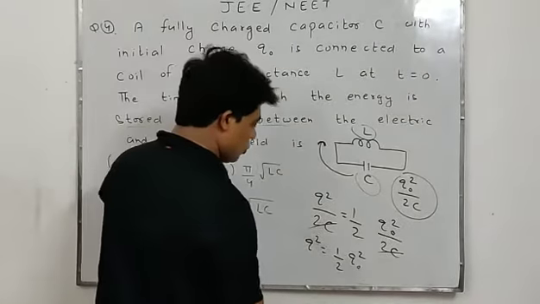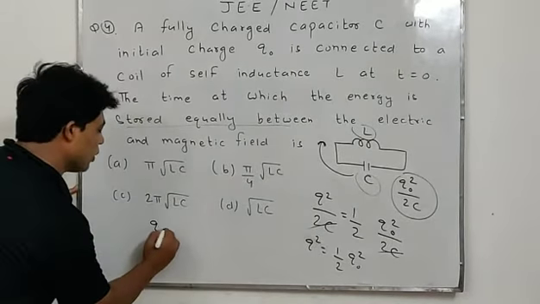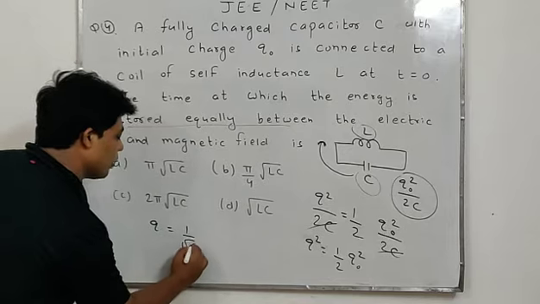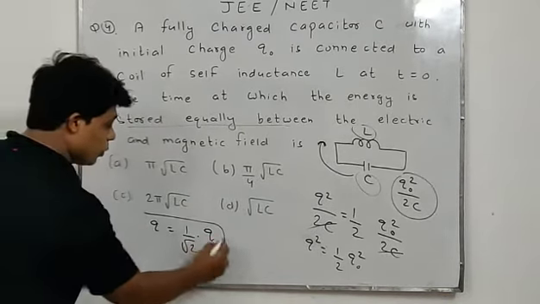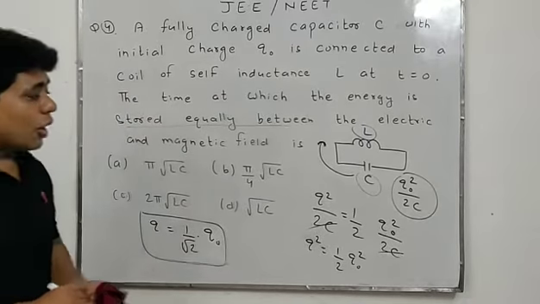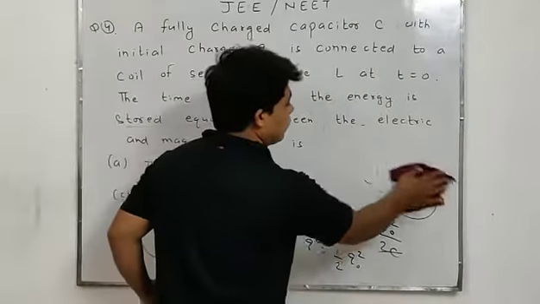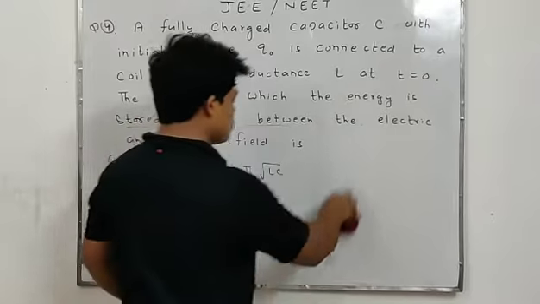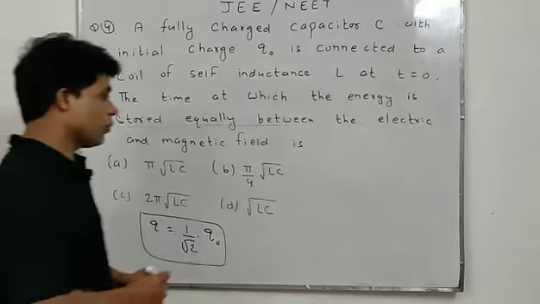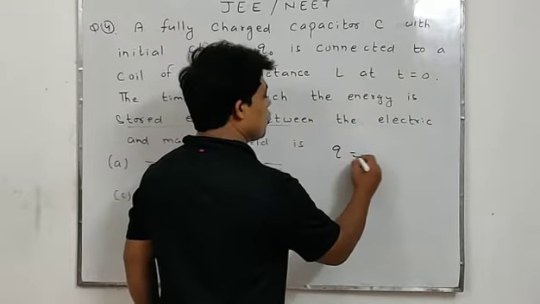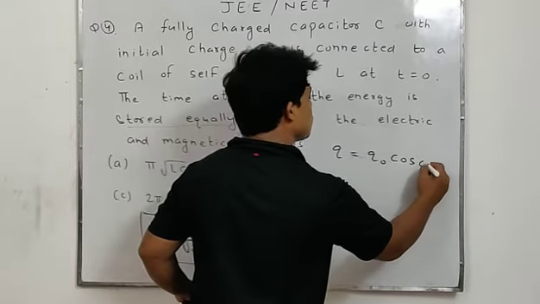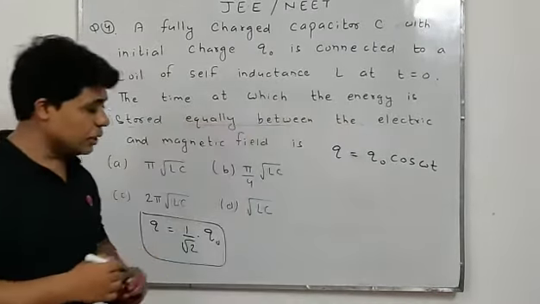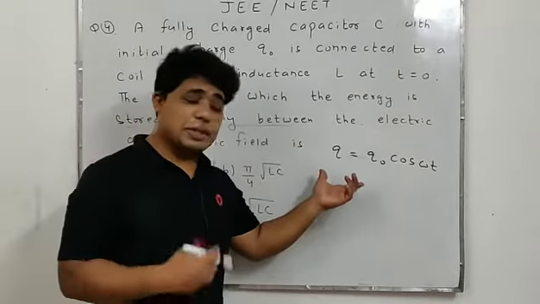Now students, on taking the square root, what do we get? Q equals 1 by root 2 times Q0. Now we know the charge Q equals Q0 cos omega t, that is the charge in that system.